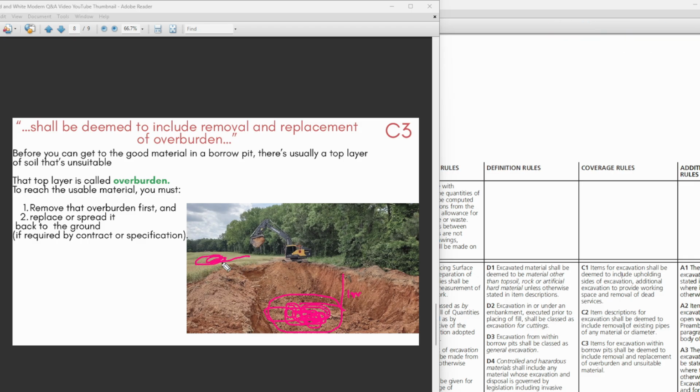You can see there is some topsoil, some loose soil and some unsuitable soils in the top layer. This top layer we call the overburden.